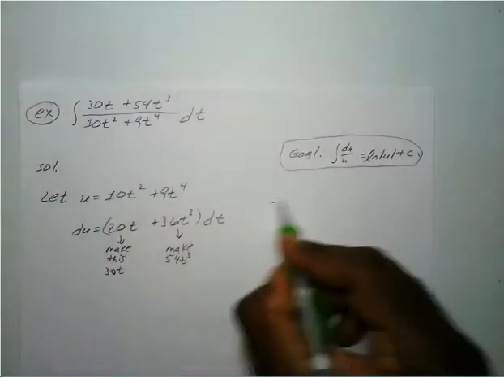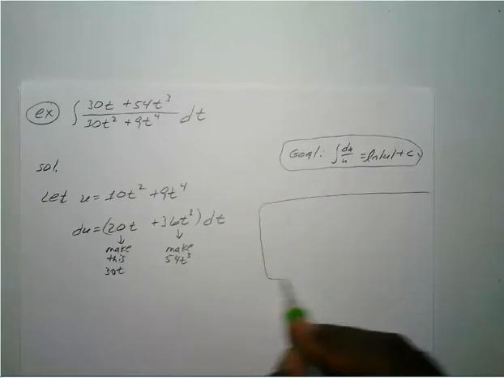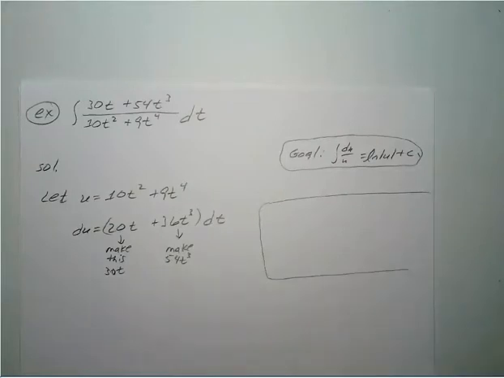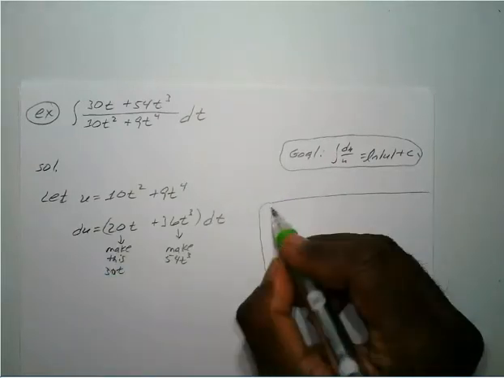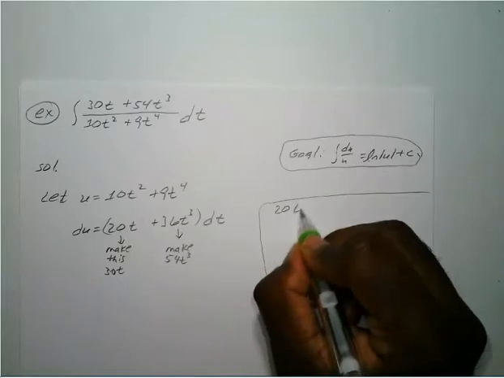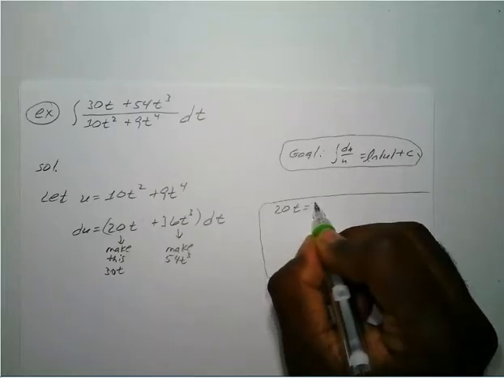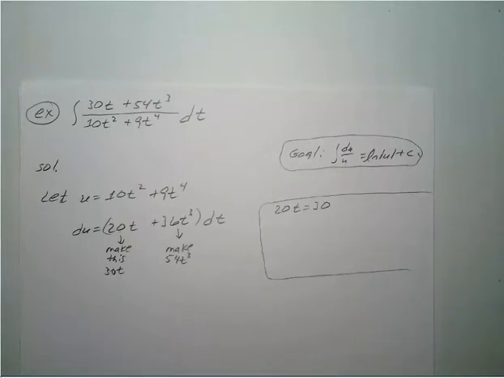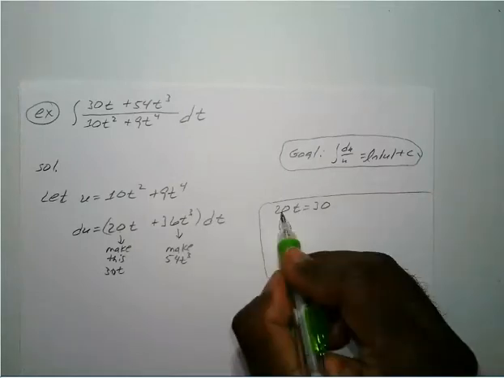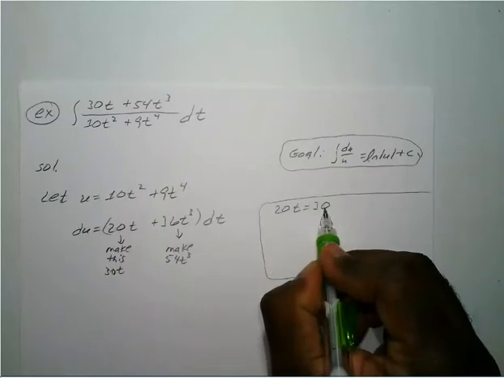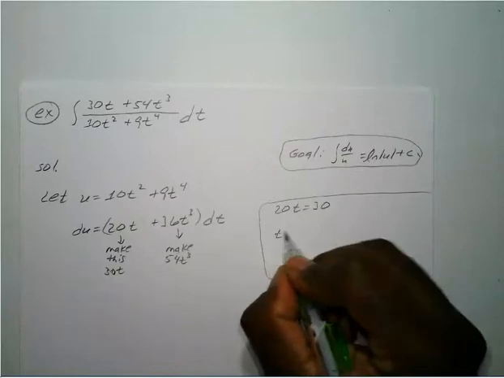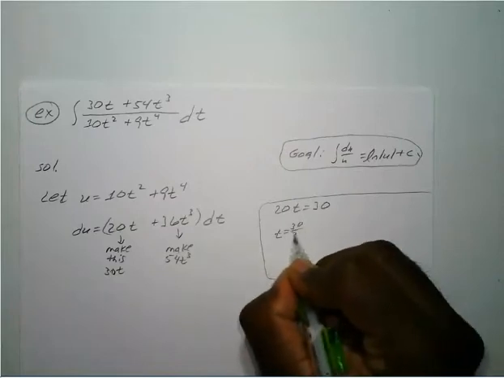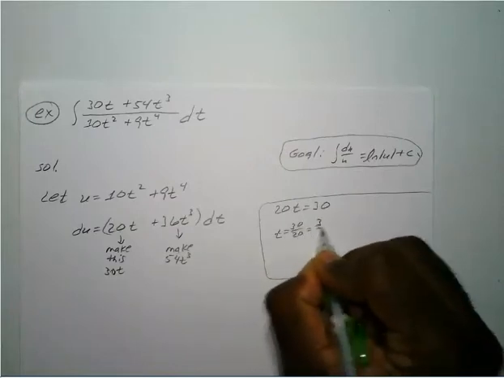Well, we do that right on the side. We want 20t to equal 30. Okay, so if we divide both sides by 20, we have t equals 30 over 20, which is 3 over 2.